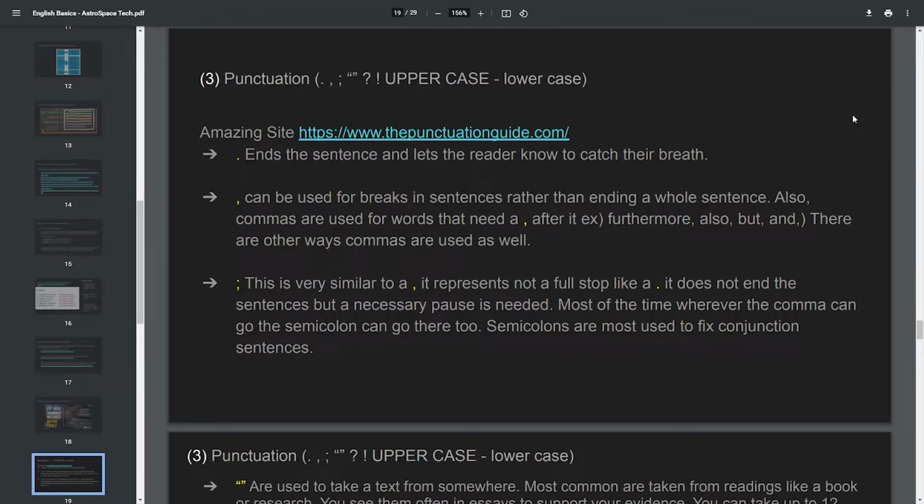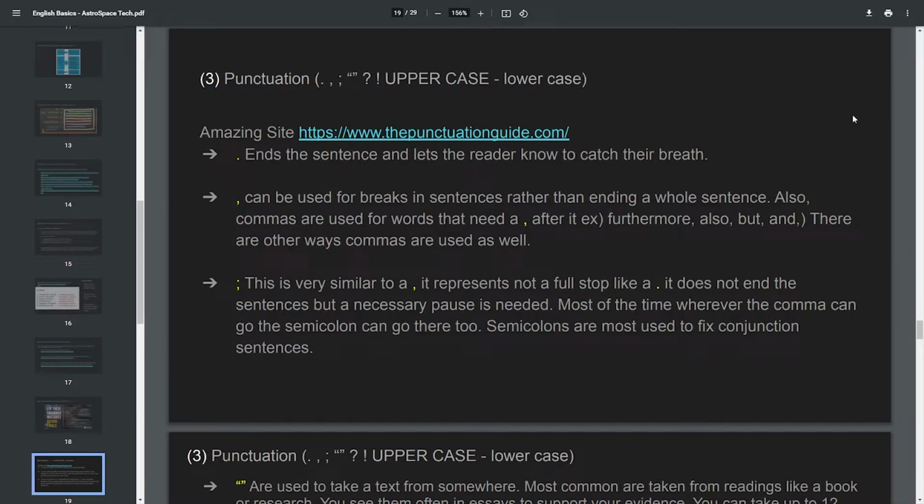Semicolon. It's very similar to a comma. It represents not a full stop like a period. It does not end the sentence, but it's a necessary pause. Wherever the comma can go, the semicolon can usually go there as well.